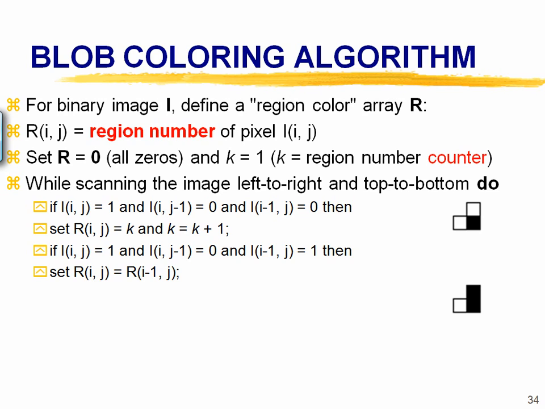Which means if this is a pixel that I visited before and already assigned it a color, then this is a continuation of that region and I want that color to be the same as this. Agreed? So that's exactly what you will do. You will set this guy's color to be the color of this guy. You don't increment the color counter at that point.